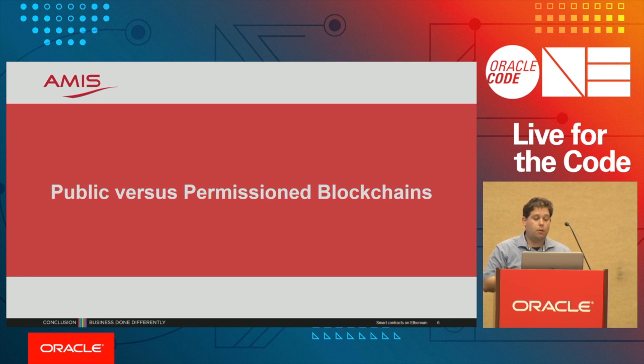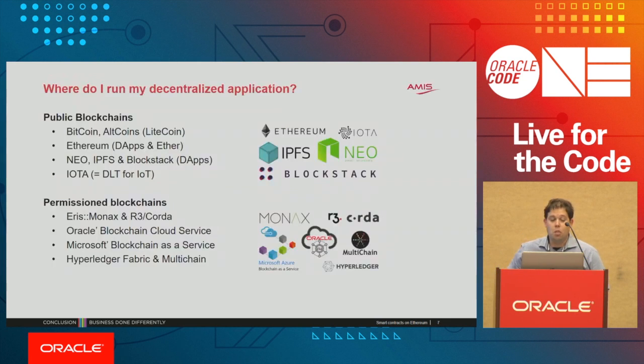So let's look at public versus permissioned blockchains. There are a lot of platforms to run decentralized applications right now. There are some proprietary blockchains like Bitcoin, or altcoins like Litecoin. But of course, we look at Ethereum for decentralized applications, and they also have a cryptocurrency and crypto tokens that you can use to create your own currency tokens.